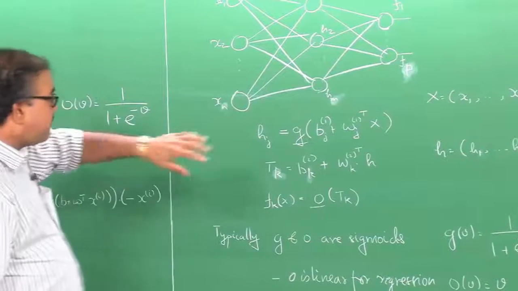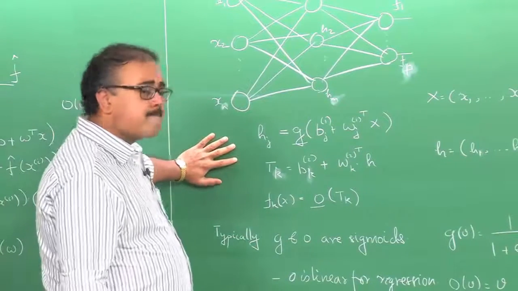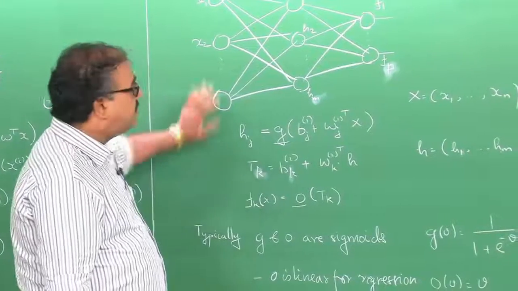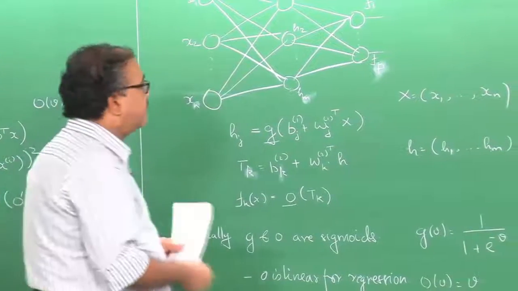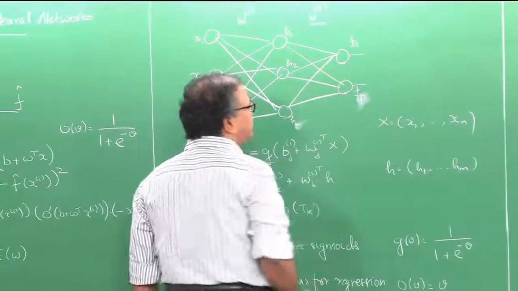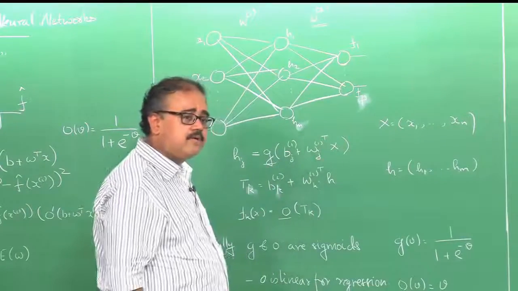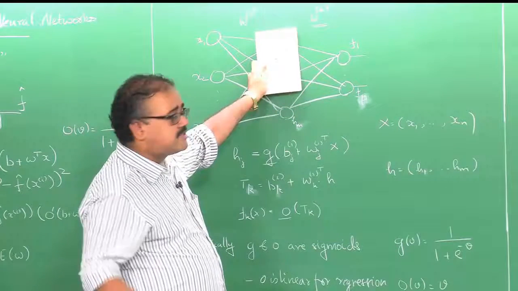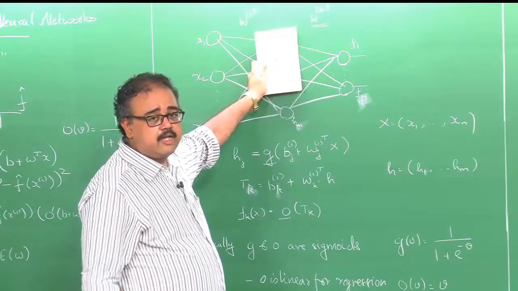So, suppose I have these multiple layers, how would I go about finding the weights of this standard 3 layer network? In some sense, finding a training rule for W2 is not very hard. W2, if you think about it, is just like a single neuron network.